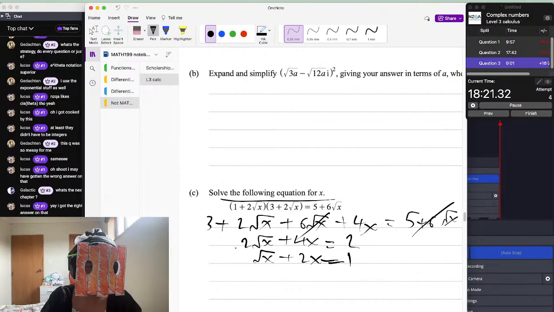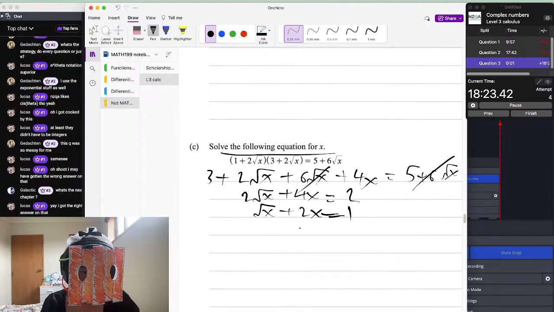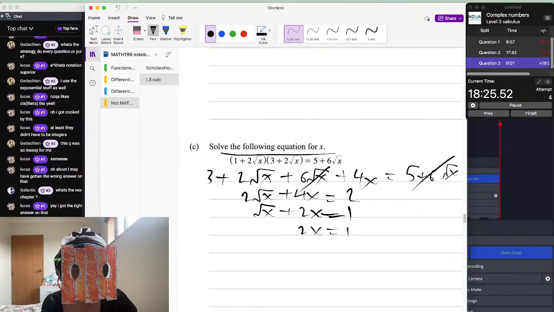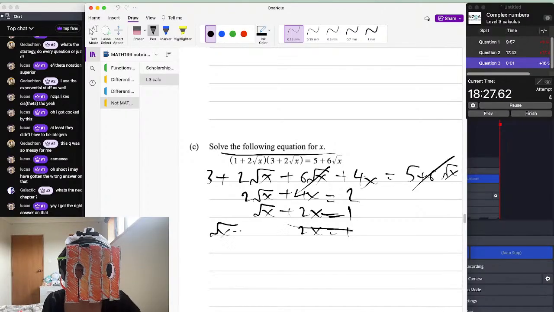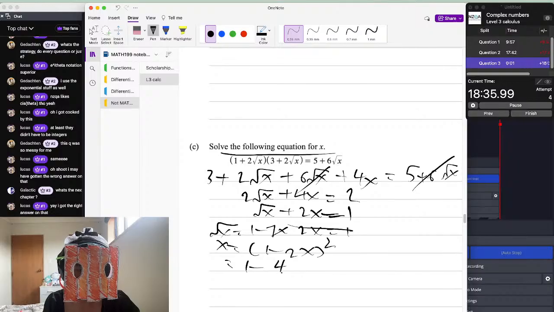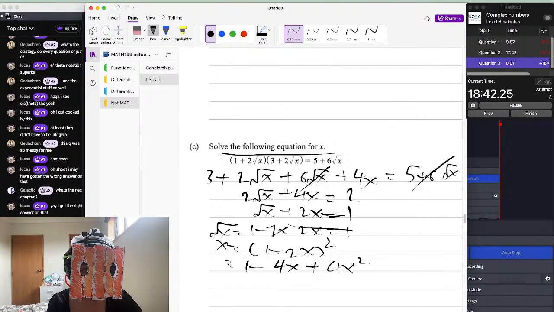And just divide both sides, so they get equal, then square, giving 1 minus 4x plus 4x squared.